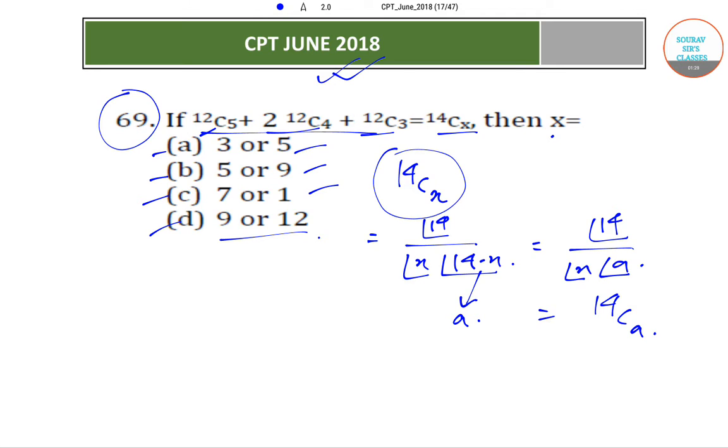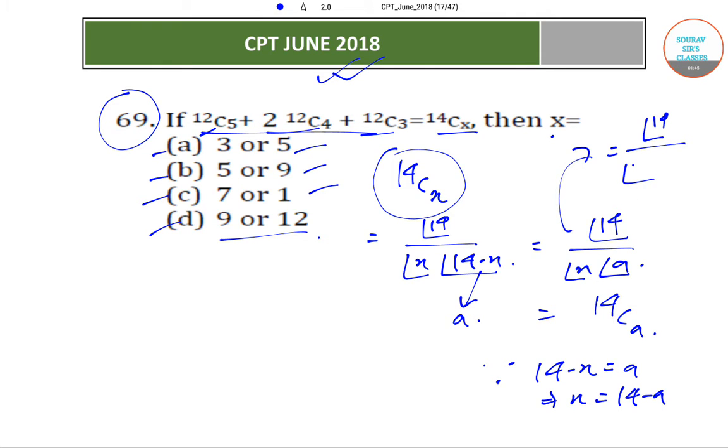Since we have taken that 14 minus x is equal to a, we can write x as 14 minus a. So this thing could be written as factorial 14 by factorial 14 minus a into factorial a, which is nothing but 14Ca.